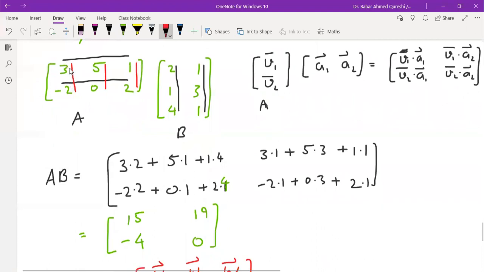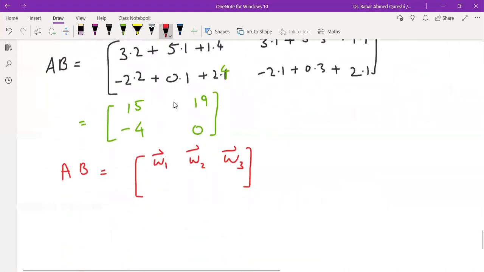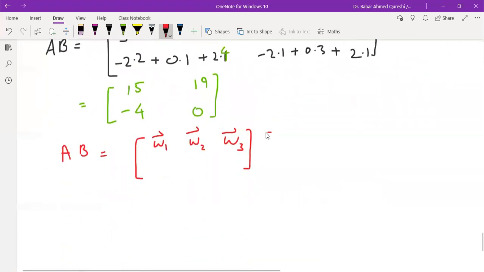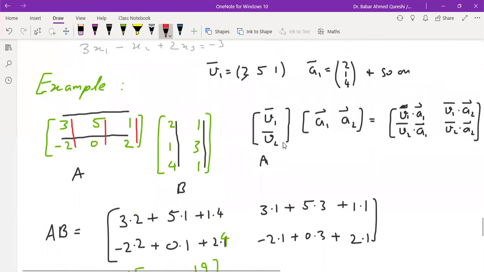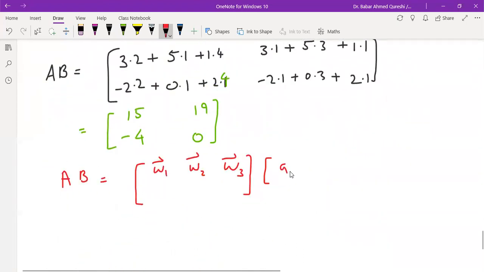If I think of this matrix as composed of vectors, then what I need is to make a linear combination with the components which are lying in this vector. So here you had A1 and A2. This time I do not make a dot product.